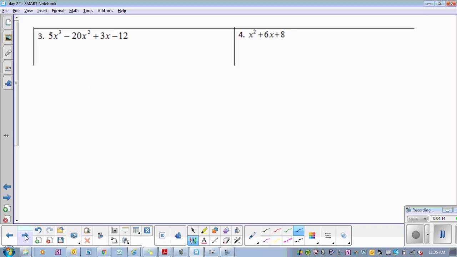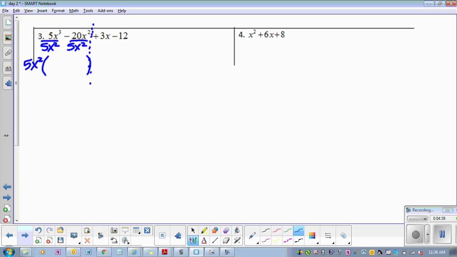Number 3 and 4, or numbers 3 and 4. Okay, so 3, I have 4 terms again. Do I have a GCF for the whole thing? No. So divide this in half, and then let's GCF factor both sides. So on the left, you should have 5x squared. Yes? Yep. Okay.